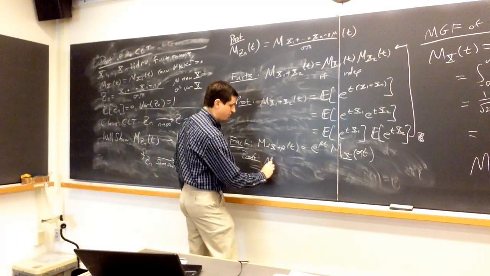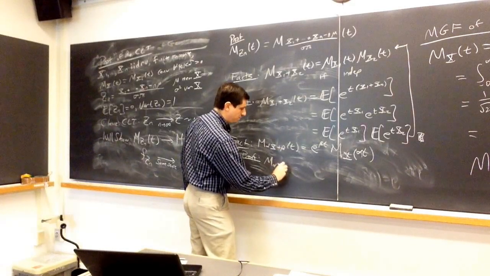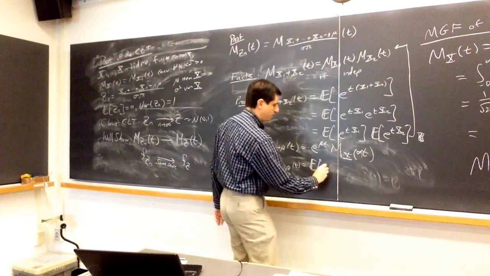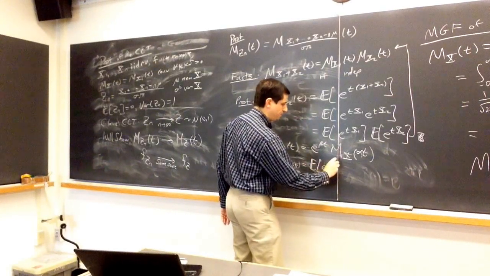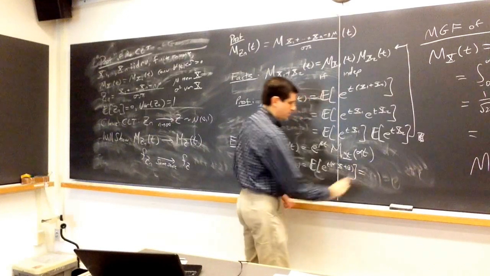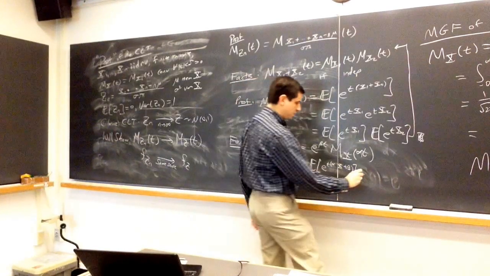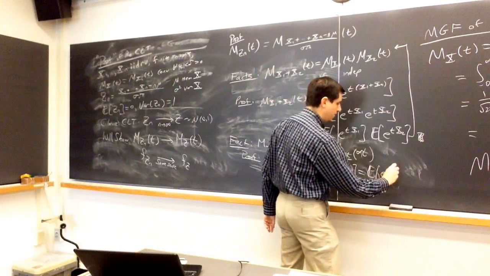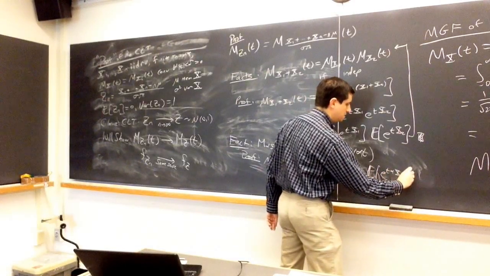The moment generating function of alpha x plus beta at t is the expected value of e to the t times alpha x plus beta. And now we expand this exactly as before. It's the expected value of e to the t alpha x times e to the t beta.